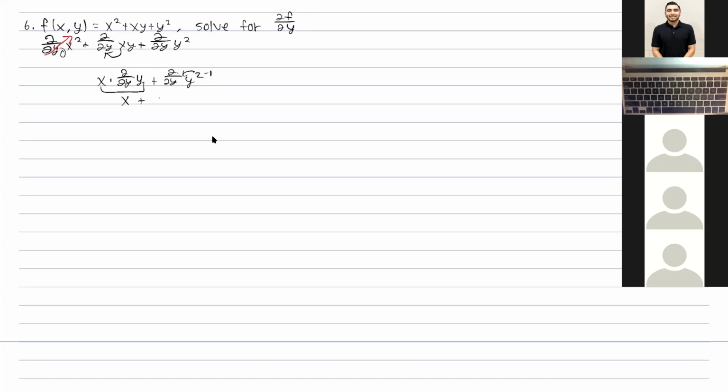So we're going to have 2y. That's our final answer, x plus 2y. So I'm assuming no one has questions right here, but if anyone has a question on what I did, please feel free to ask.